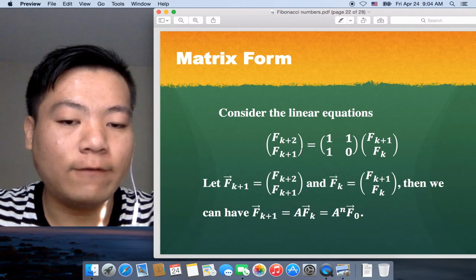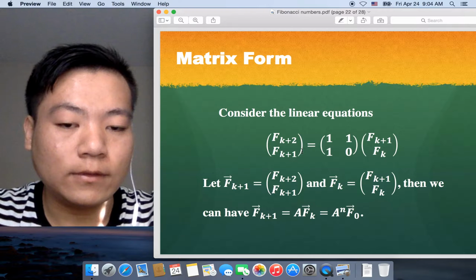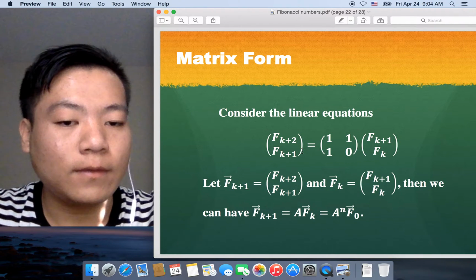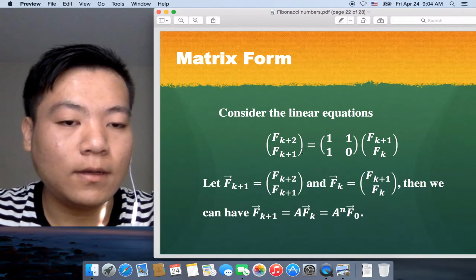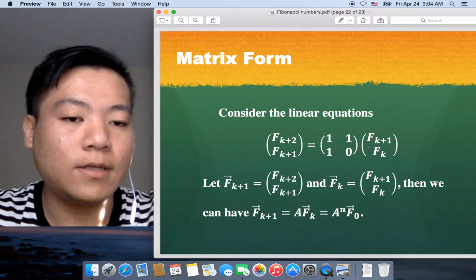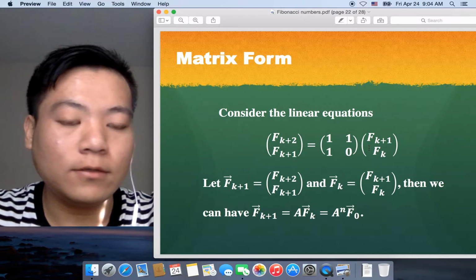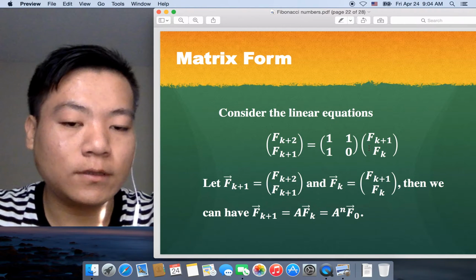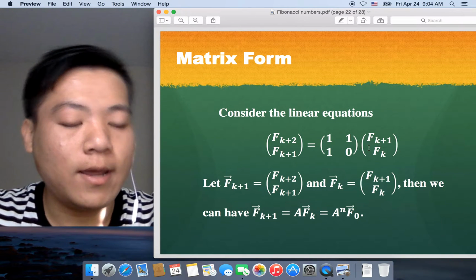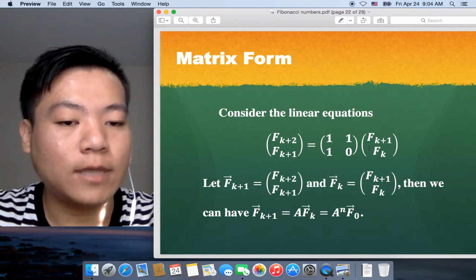Then we have vector F_{k+1} equals A times vector F_k, where A is the matrix 1, 1, 1, 0, and also we can get the vector F_{k+1} is equal to A to the kth power times F_0.